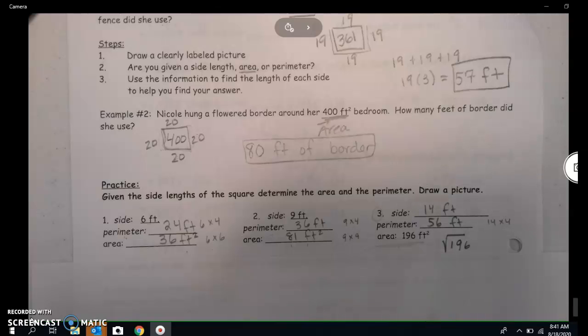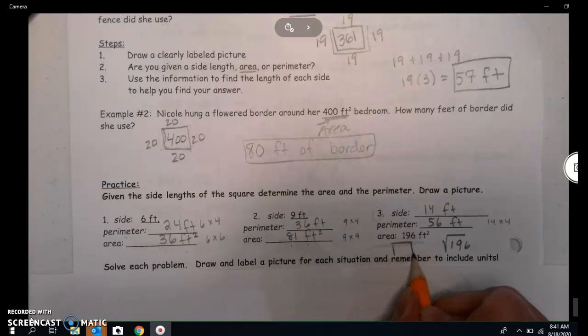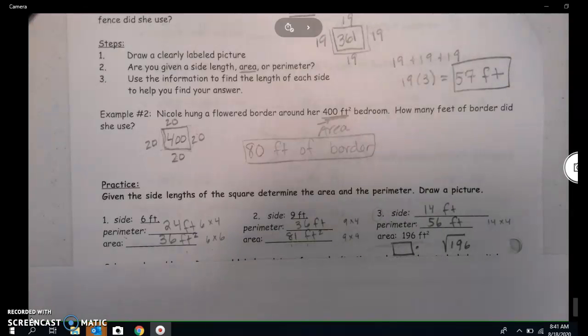We had to figure out, all right, well, if we have a square here, we need to figure out what's that side and what's that side. So we had to take the square root. So the square root of 196, and again, remember, you can use your reference sheet from the other day in your packet to look these up. The side was 14 feet. After I take the square root of 196, I get 14. And then the perimeter is 14 times 4, which is 56 feet.